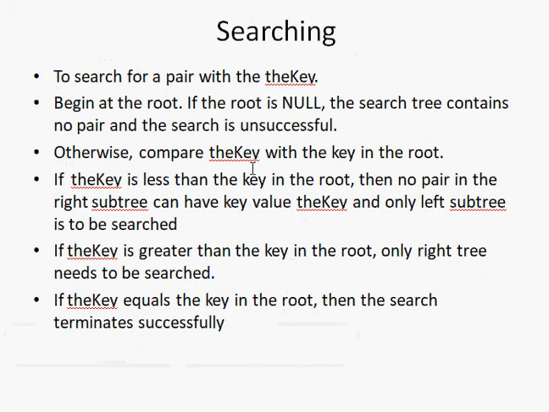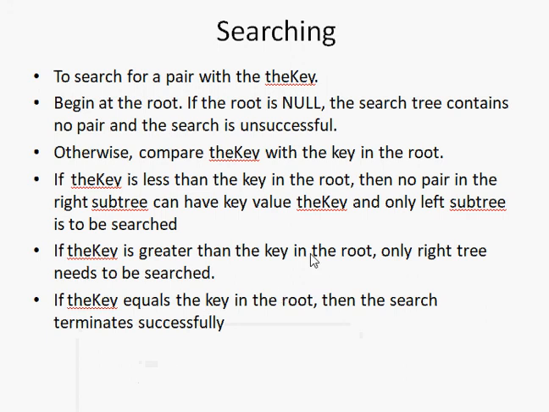If it's not empty, then definitely you have elements. How the search works: first we compare the root node with the key we are supposed to search for. If the key is greater than the root, then the region to search is only the right subtree. If not, it would be the left subtree.